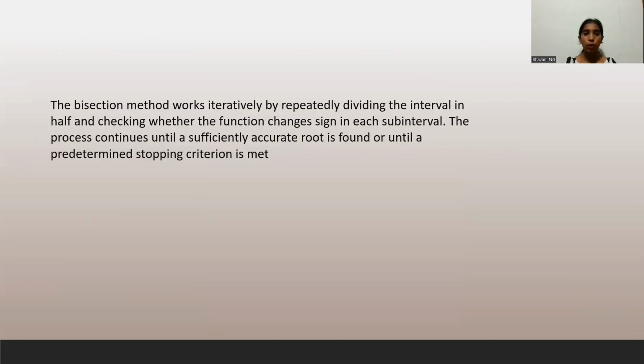The bisection method works iteratively by repeatedly dividing the interval in half and checking whether the function changes sign in each subinterval. The process continues until a sufficiently accurate root is found or until a predetermined stopping criterion is met.